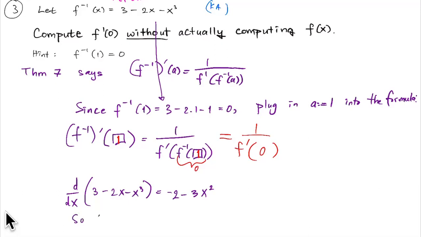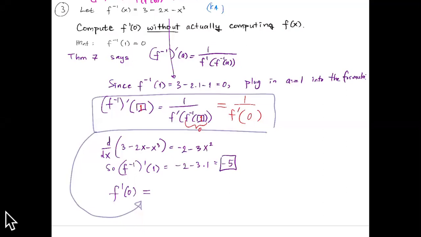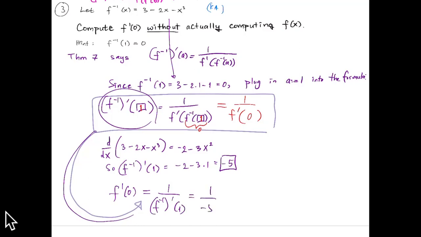And so the derivative at 1 is -2 minus 3 times 1, which is -5. So then I can compute f prime of 0 from over here. So I have 1 over this value. So f inverse prime of 1, which I had just computed, that is -5. So this is the final answer.